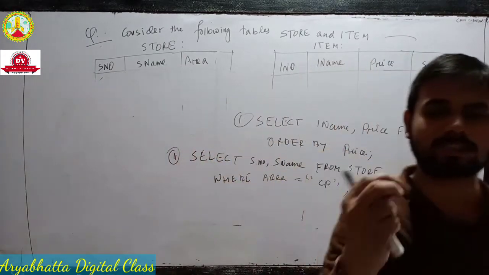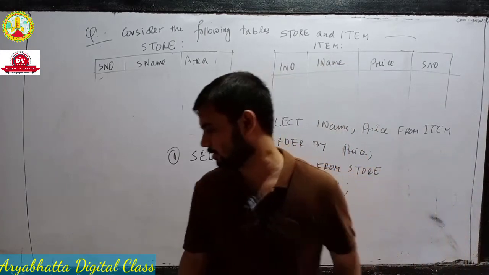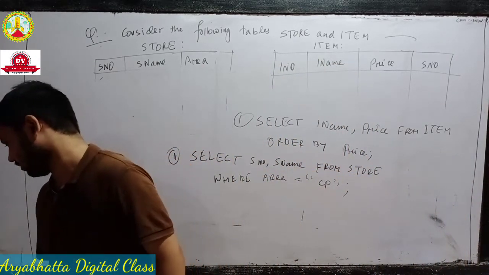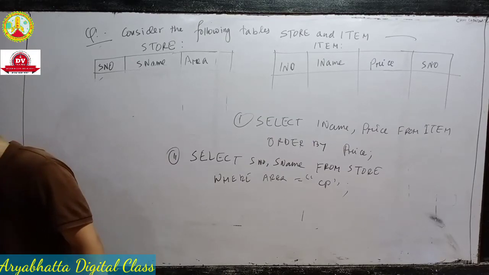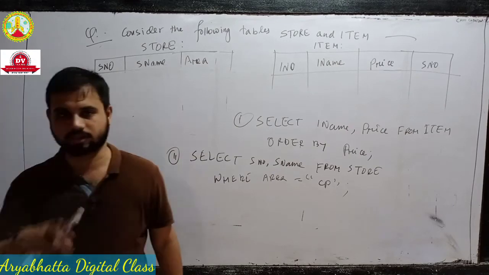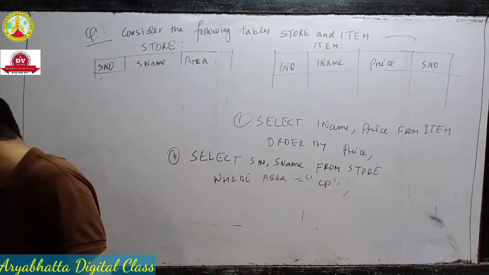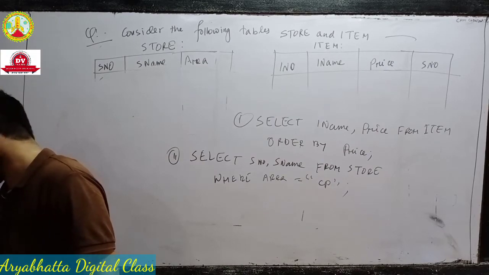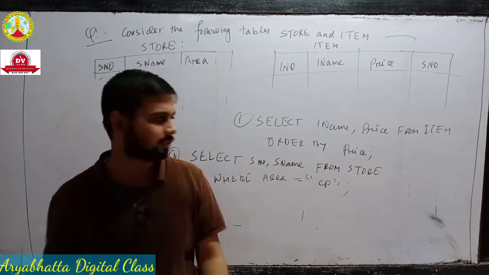With that area CP, we access only S name and S number. S02 All Infotech Media and S05 High Tech Store. You see in the table in the book. Only those two values will come when you run this query.